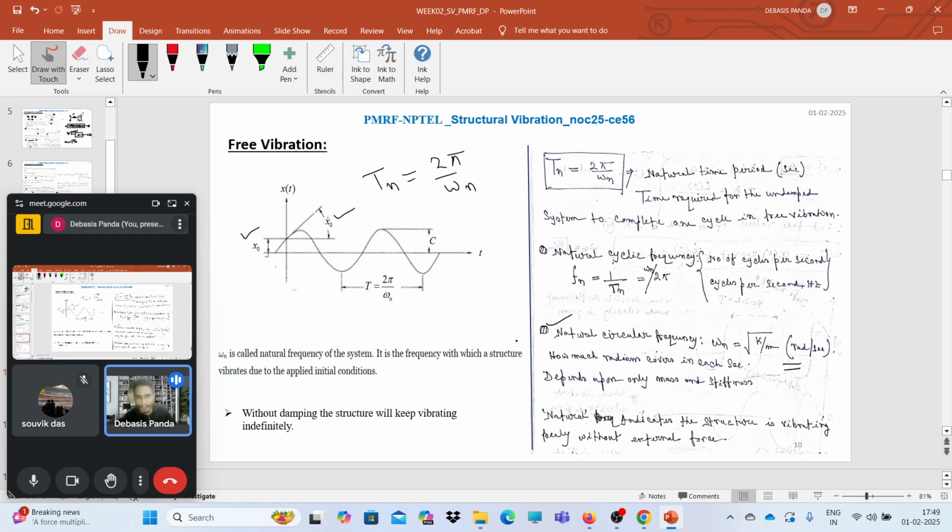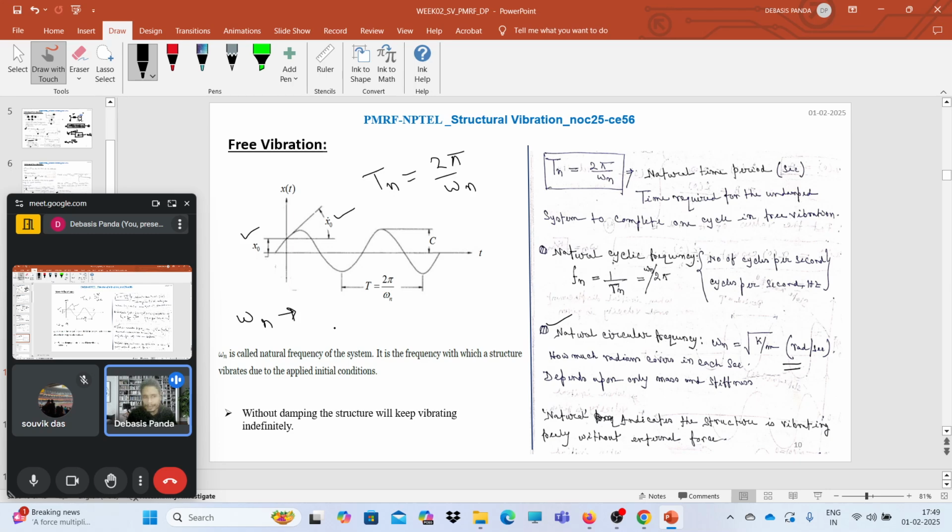Natural frequency means it's vibrating freely, without any external forces. So omega n here is called the natural circular frequency, that means how many radians each cycle covers.